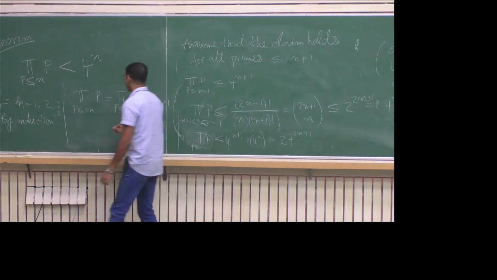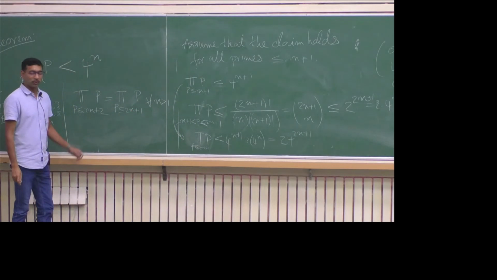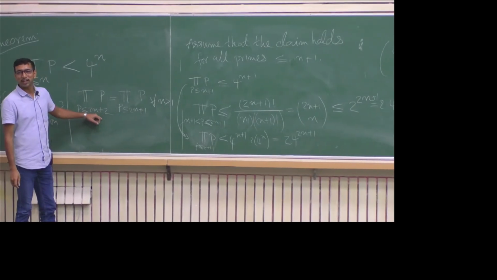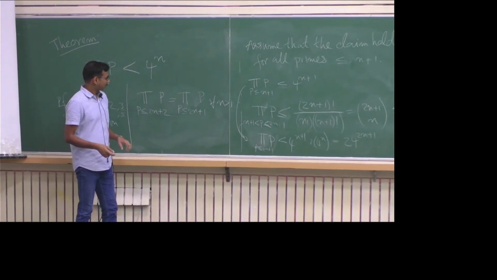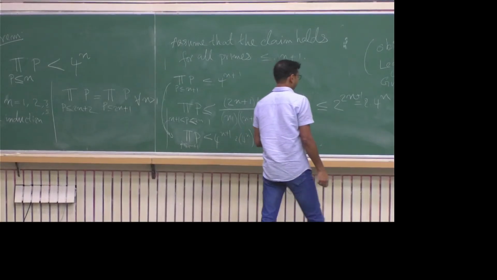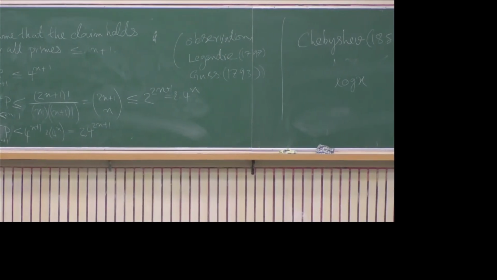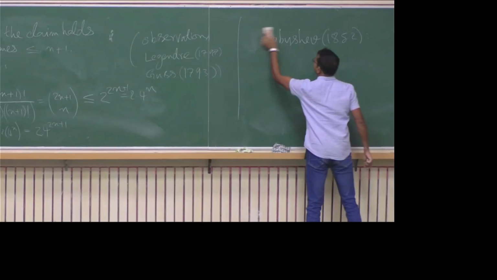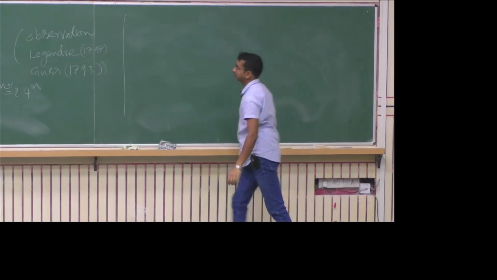Instead, why don't we work with plus 2 here and plus 1 here? Because we know that plus 2 cannot be a prime, so this will go to plus 1. Okay. And then let's figure out how to get over this.